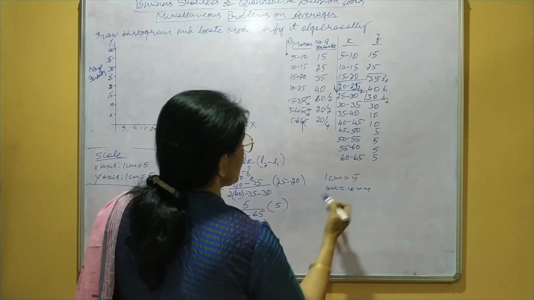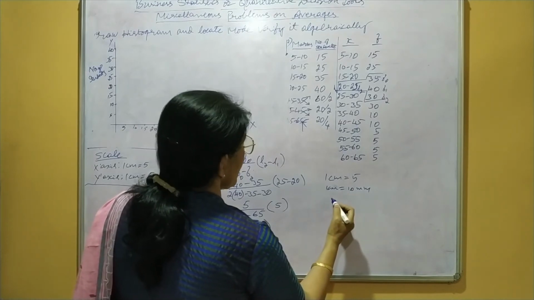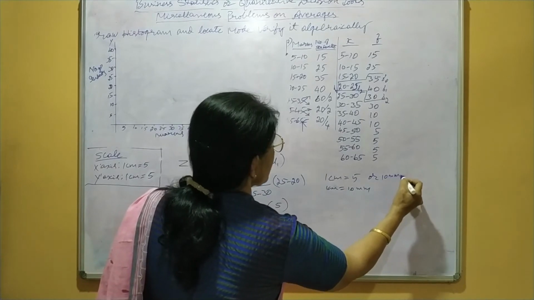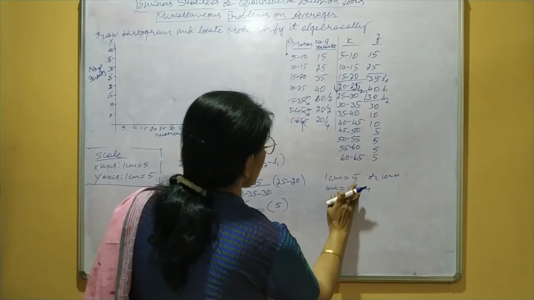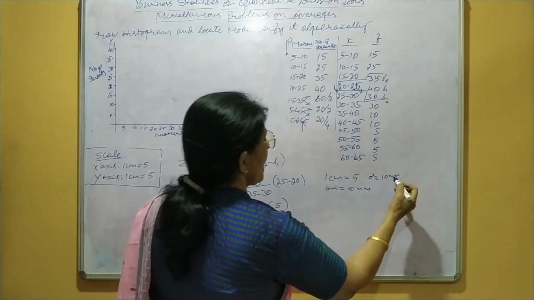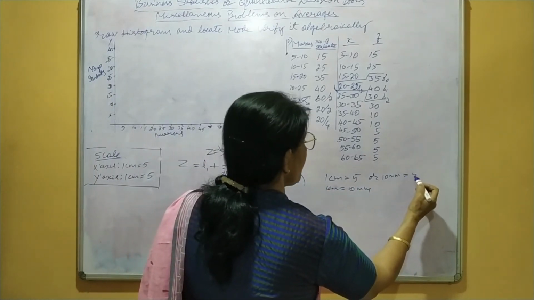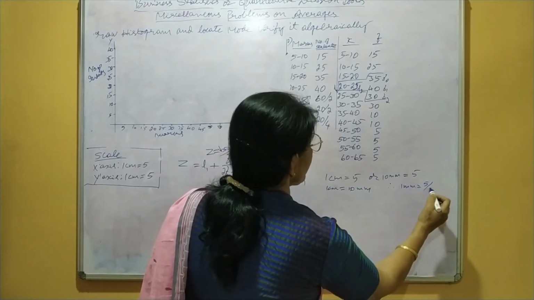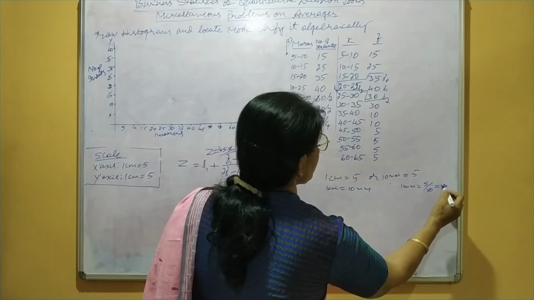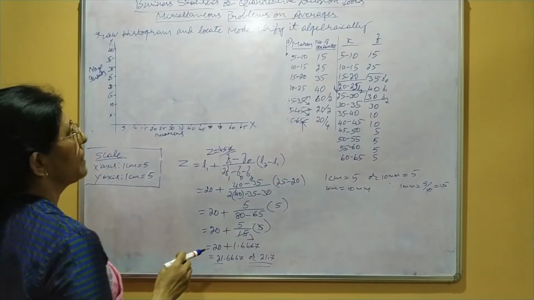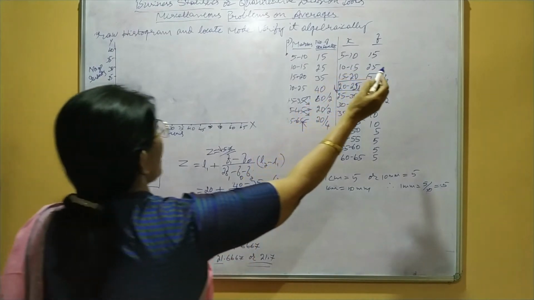Therefore, 10 millimeters equals 5. Therefore, 1 millimeter equals 5 divided by 10 equals 0.5. Each millimeter counts 0.5.